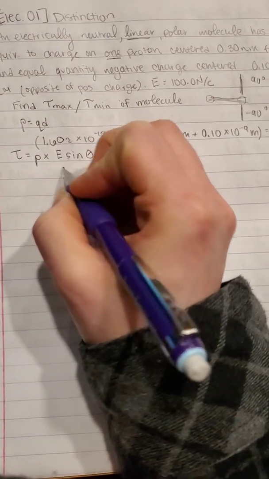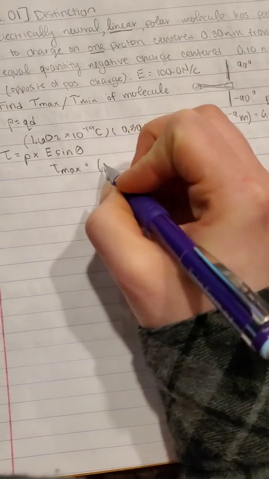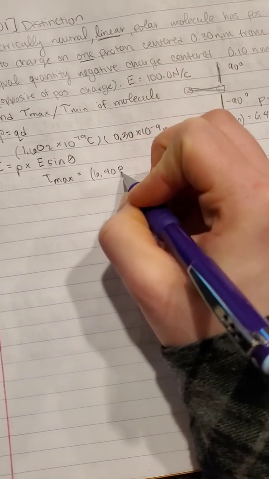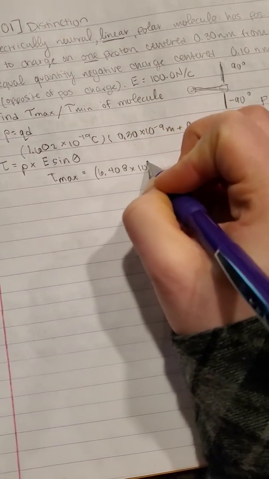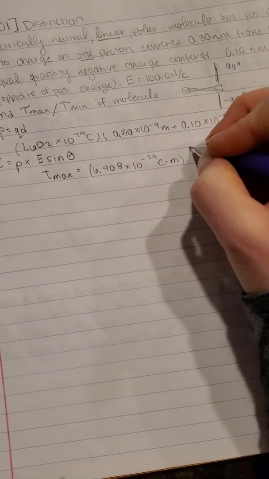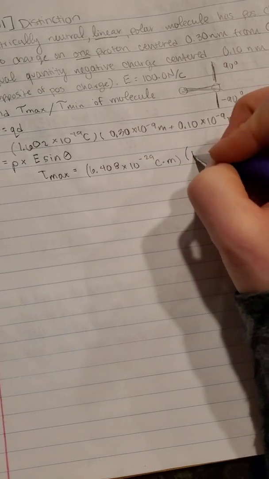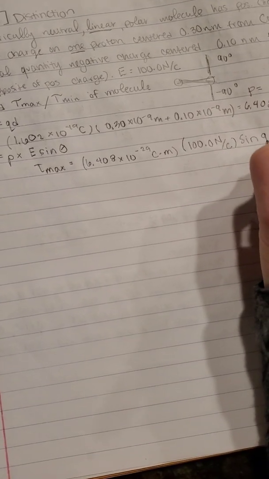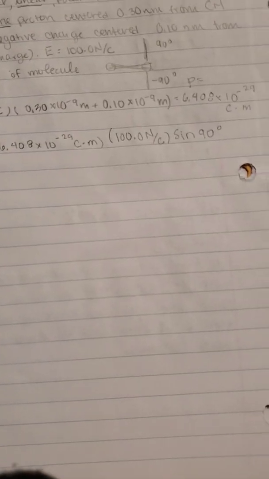So for tau max, we're going to take the dipole, 6.408 times 10 to the negative 29 coulomb meters, and then we're going to multiply that by 100, and then we need to take the sine of it because it's torque. And so let me do that really quick.